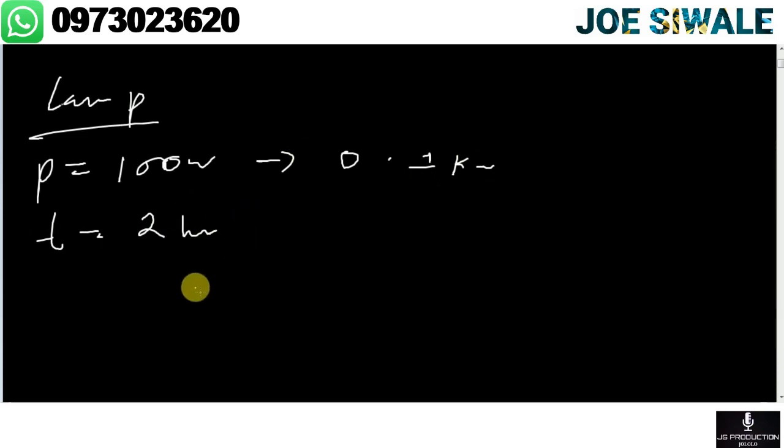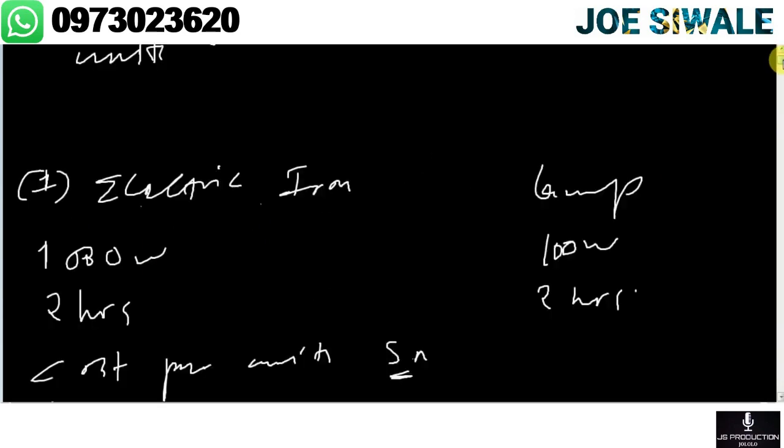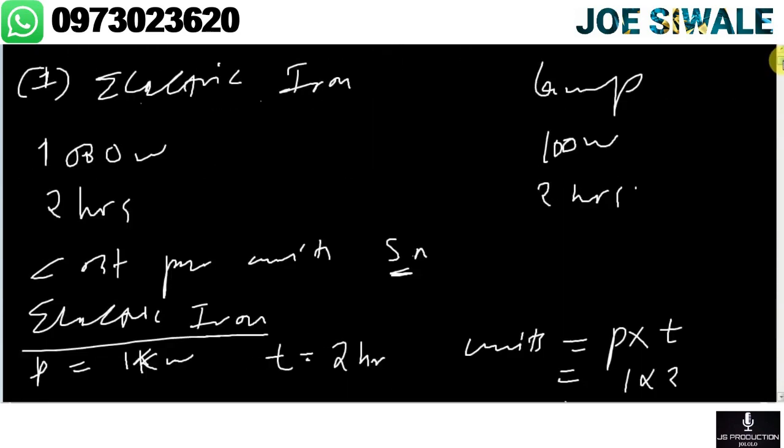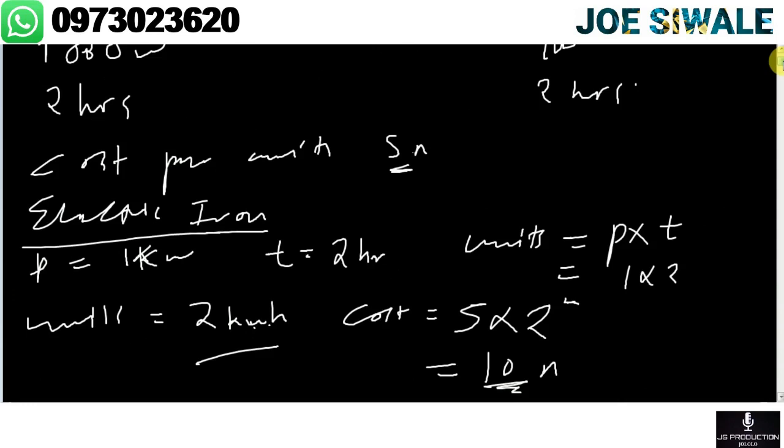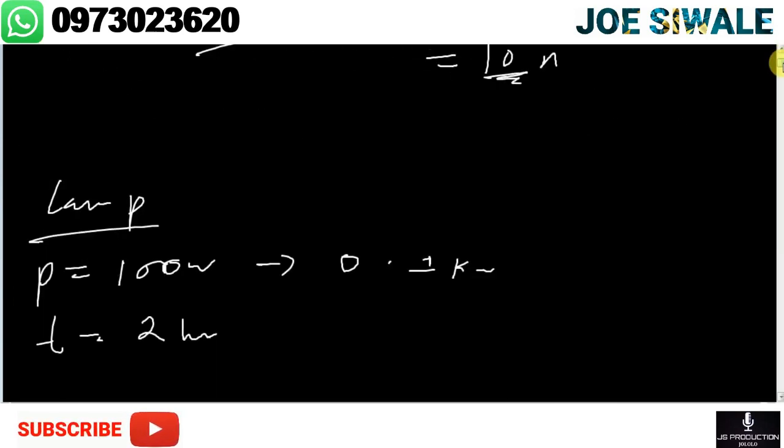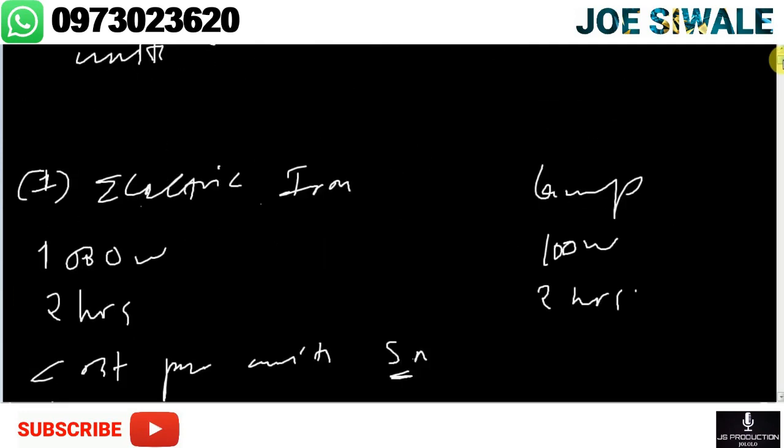Sorry, let me just check from the question. Our time, what time have we been given? From the question it reads, and a 100 watt lamp for 10 hours. So the time there is 10. The time is not the same, sorry about that.